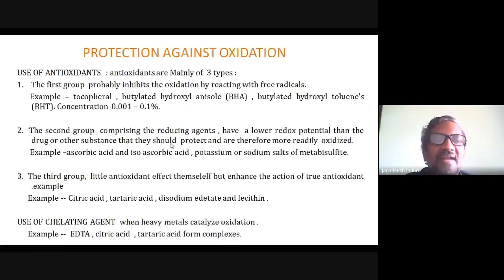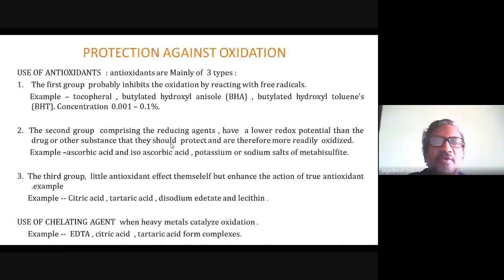Examples are tocopherol, butylated hydroxyanisole, and butylated hydroxytoluene. These components you might have already used in the first sem of your B Pharmacy course during your formulation manufacture. They are required to be added in very little concentration because they are free radical scavengers.